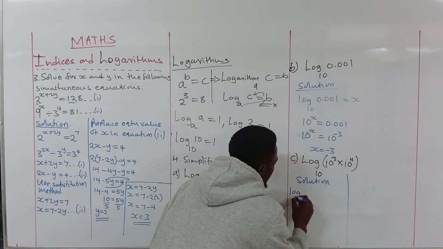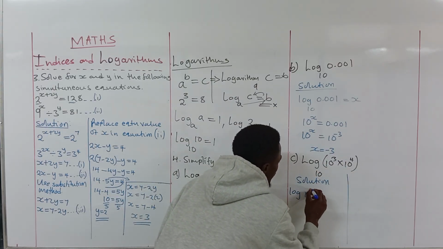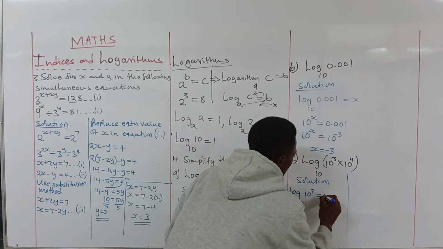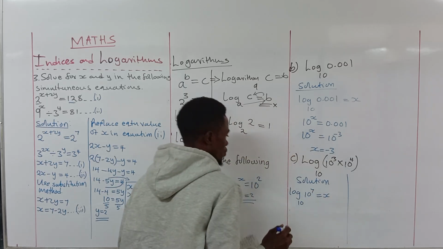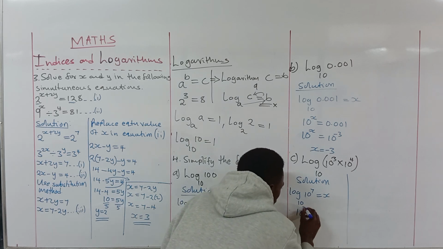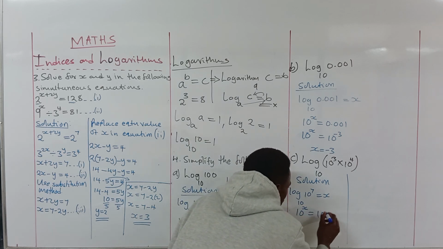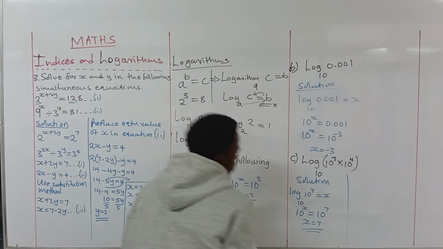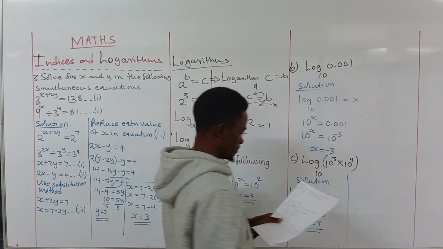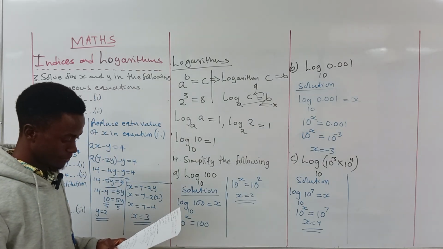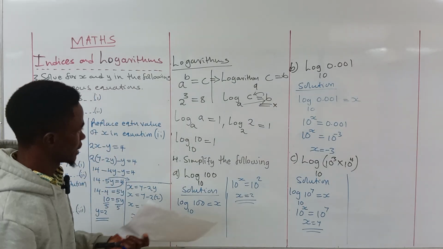So logarithm of 10 power 7 base 10 is going to give us a letter x. It means that 10 power x is going to give us 10 power 7. So x is equal to 7. We are just going to equate them directly.